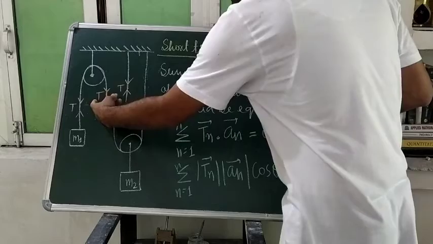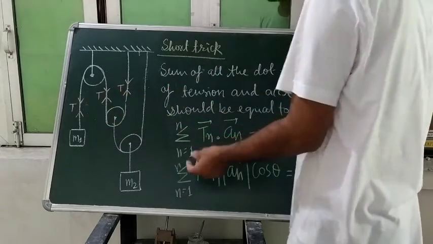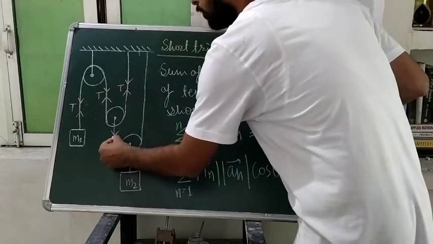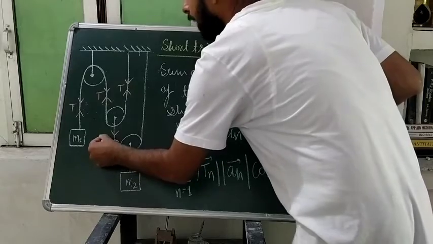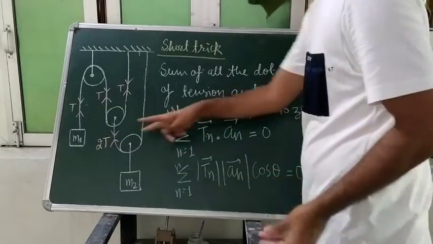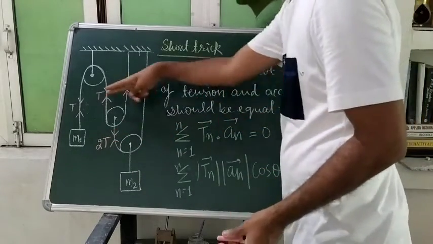Look, students, here T and T tension are acting, so of course twice T is going to act here. We draw the free body diagram by cutting these strings.